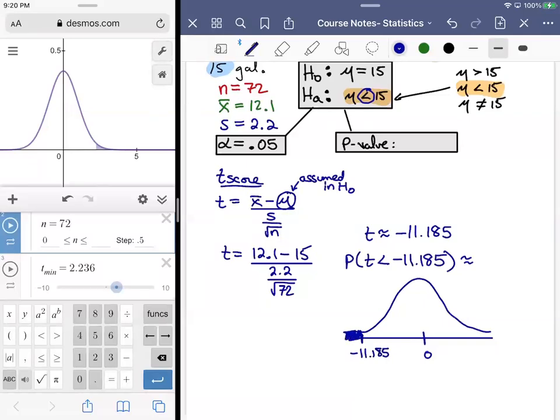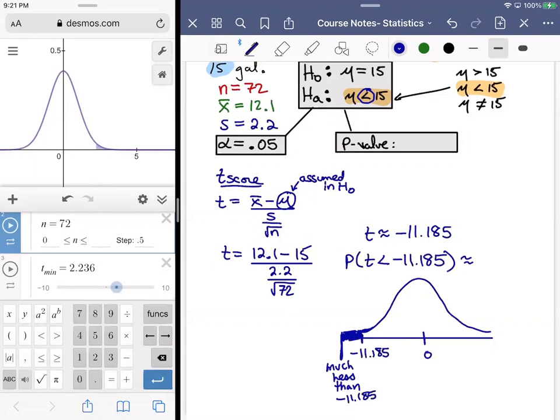So you want something substantially less than negative 11. Ideally negative infinity, but something much less than negative 11.185 on the low bound.